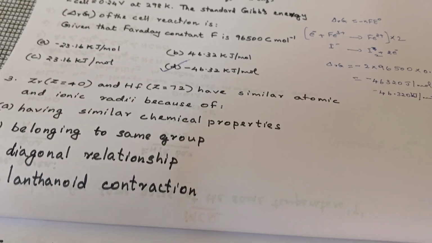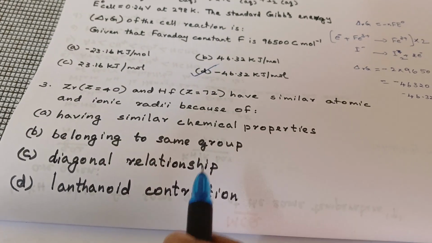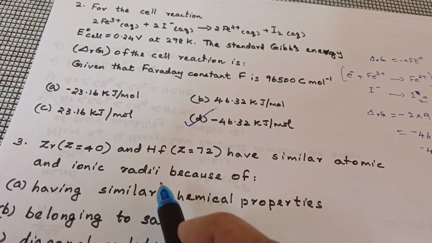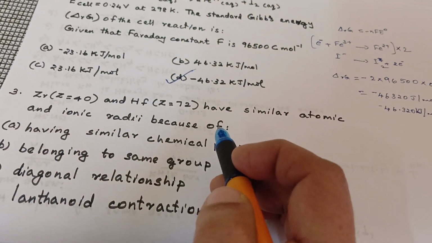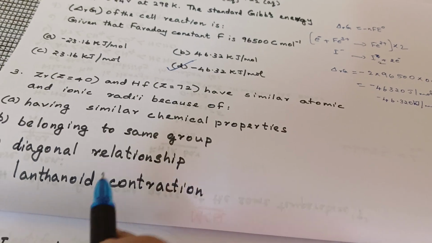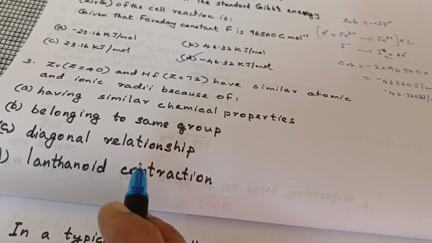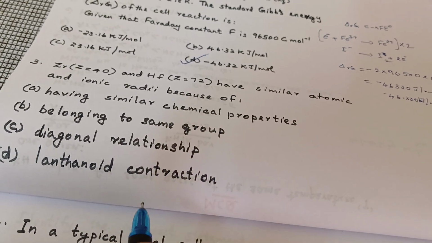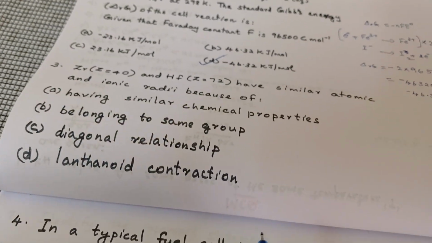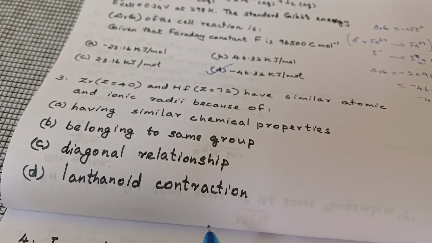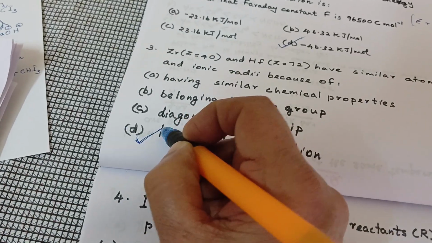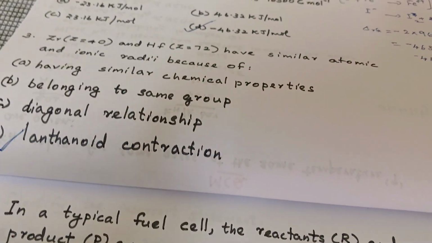The lanthanoid contraction is the reason why they are having more or less the same ionic and atomic radii, because this lanthanoid contraction causes the radii of the members of the second and third transition series to be very similar. So these elements belong to the second and third transition series, and so because of lanthanoid contraction, their ionic and atomic radii are similar.